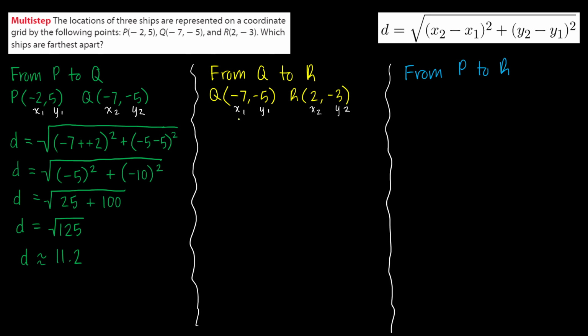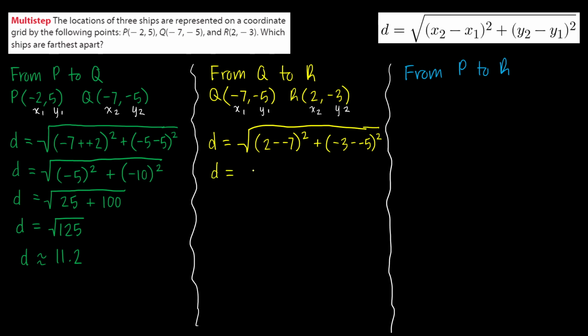And let's do the distance formula again. Distance is equal to the square root of (x2 minus x1) squared, so 2 minus -7 squared. If you have a negative value and you are subtracting it, don't forget the negative. 2 minus negative 7, plus (y2 minus y1) squared: negative 3 minus negative 5 squared.